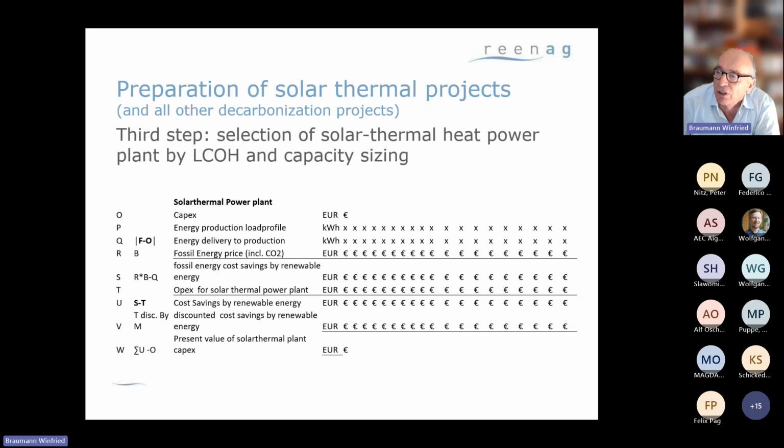They are, of course, lower than not accounting for the OpEx. This will be again discounted and compared to the present value of the solar thermal plant CapEx, and will show, if we follow those steps, still a positive or slightly positive present value of the investment in the solar thermal power plants.